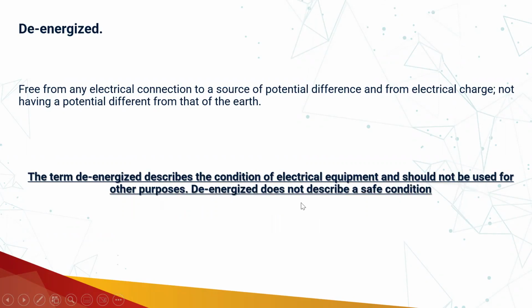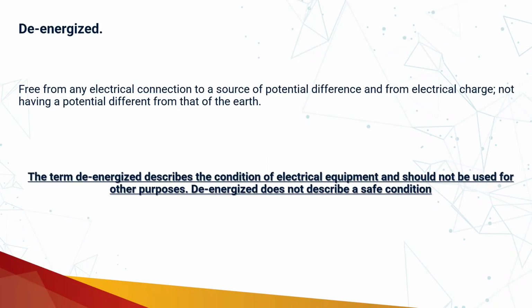What describes the safe condition is when you state that the equipment has been put into an electrically safe work condition. De-energization is one of the steps for creating an electrically safe work condition.